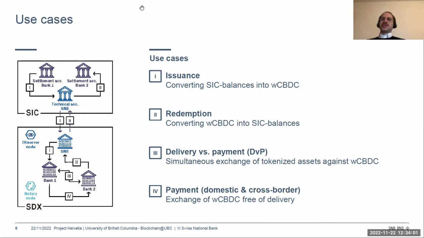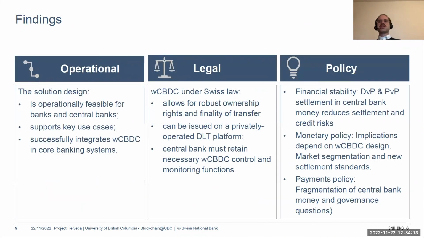What did we find in Project Helvetia? We had findings in 3 dimensions, as indicated on the next slide. We had operational findings, legal findings, and findings with regard to policy. On the operational side, it was very important for us to see that it is feasible both for banks and central banks to have such a solution, to have wholesale CBDC.